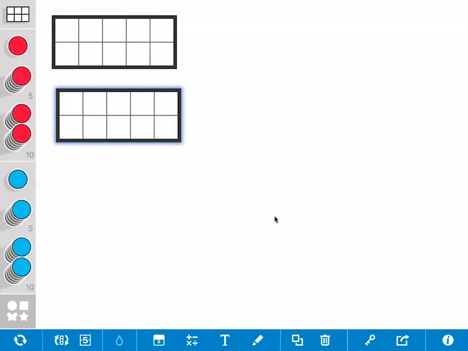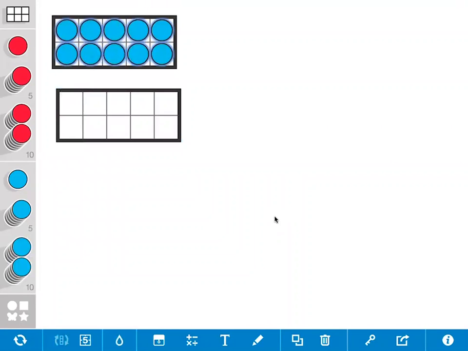So now I have shown you 2 ways to make tens and ones and teen numbers using the place value blocks as well as 10 frames. So let's get 10 into a frame. Okay, great. And now let's put 1, 2, 3, 4, 5, and 6.